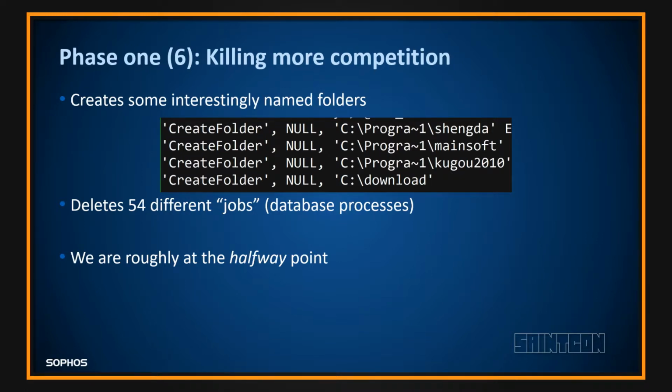It just creates the folders and leaves them in C program files or C program files x86. It also has a whole long list of what are called jobs. These are automated, sort of like autoruns within the database, and it will delete all of those database jobs. And we are basically at the halfway point, and it has done everything that it's trying to do at least 4 different ways.